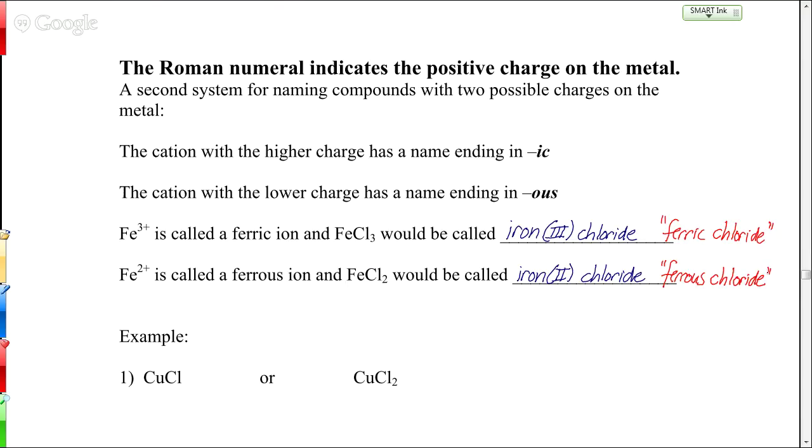That's a little bit of a tricky and confusing way to do it because some atoms have lots more than just two different charges. And so then they have all kinds of different names. Or sometimes the "ic" means +2 and the "ous" means +1. So it's much less specific of a name. So I don't want you to worry too much about those names. I want to focus on the standard naming conventions which use that Roman numeral. Okay.